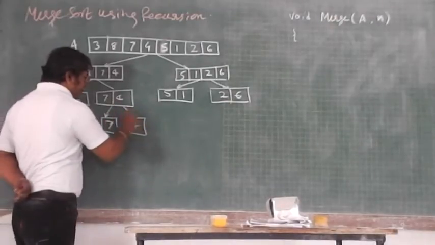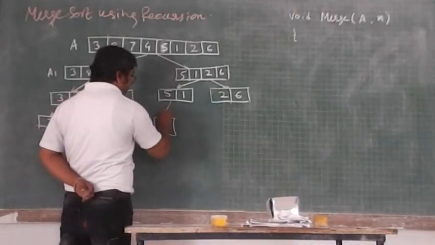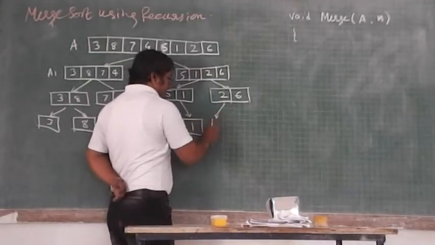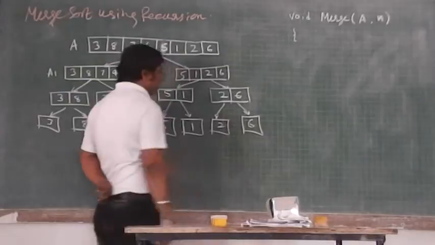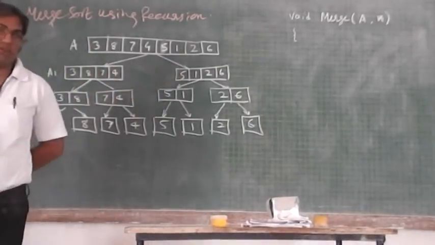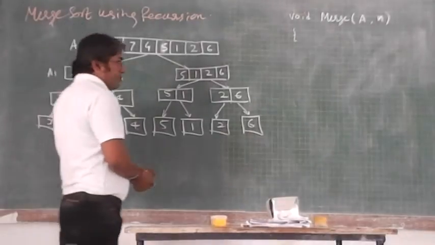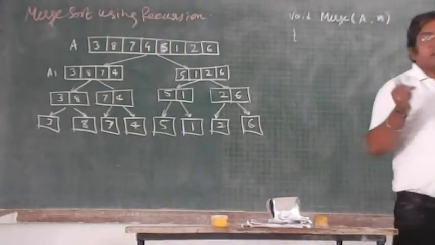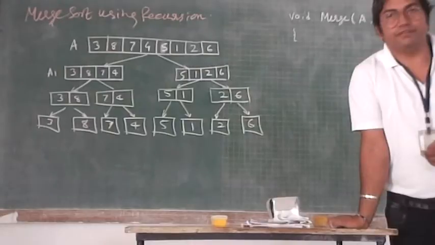This sub array of size 1 I am getting. With a given array, I go on dividing this array into such sub arrays which further cannot be divided.